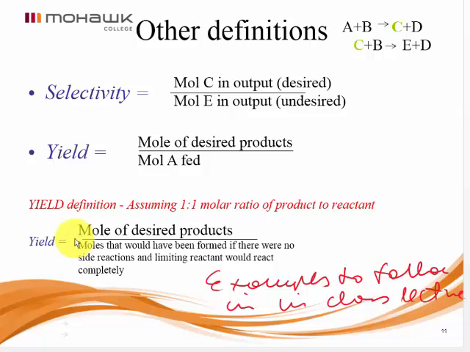It will be the ratio of moles of the desired product divided by the moles that would have been formed if there were no side competing reactions and the limiting reactant would react completely. Examples would be shown during the in-class lecture.